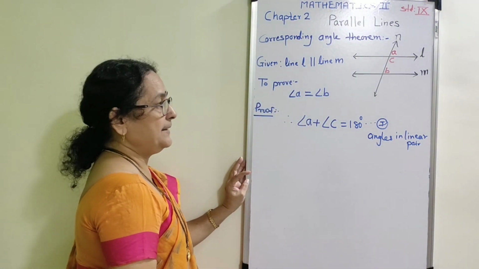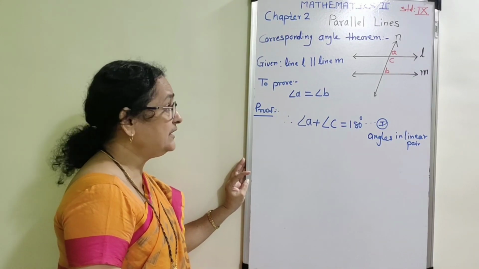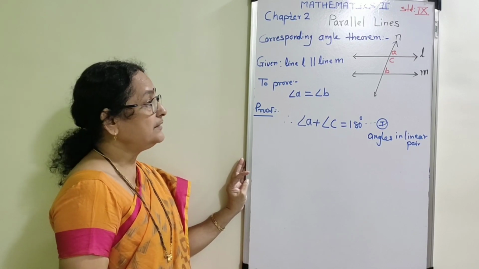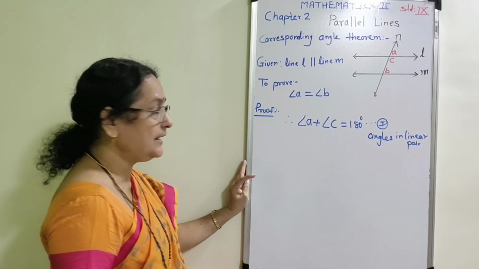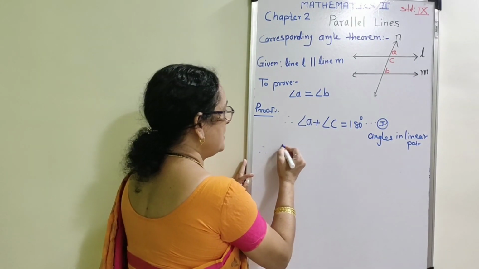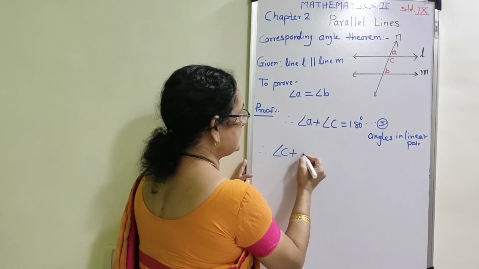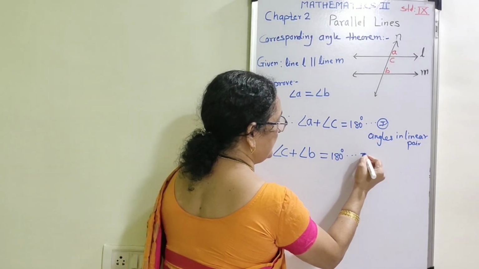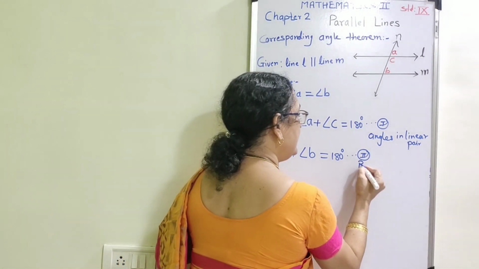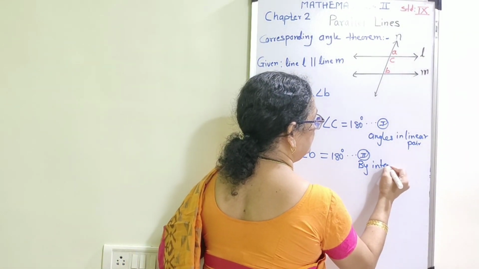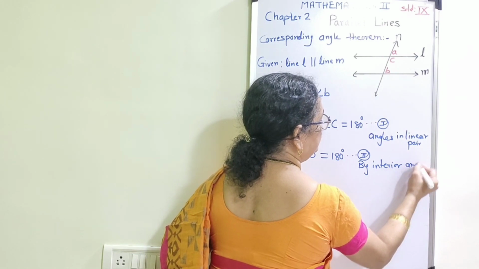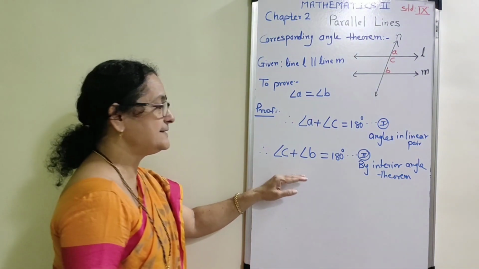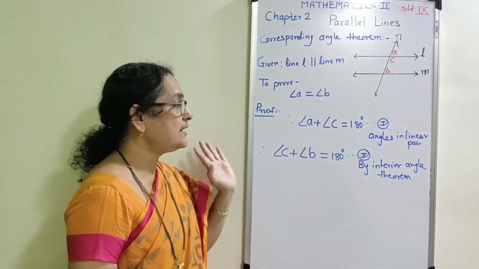Now observe the second pair, angle C and angle B. These are interior angles, and since the lines are parallel, these two interior angles should be supplementary, and therefore my next statement is angle C plus angle B is equal to 180 degrees. Statement number 2, by interior angle theorem. Since these two are interior angles on the same side of the transversal, they are supplementary.